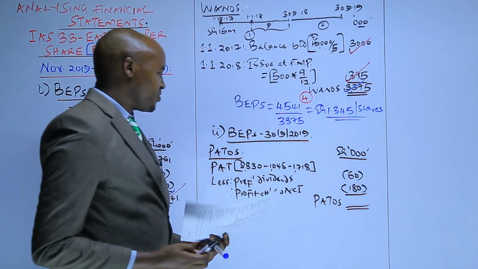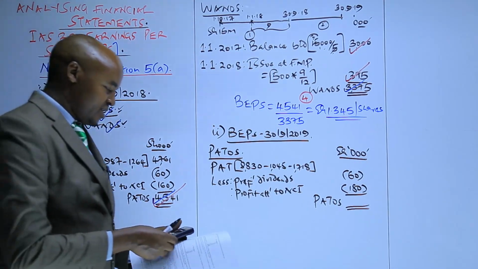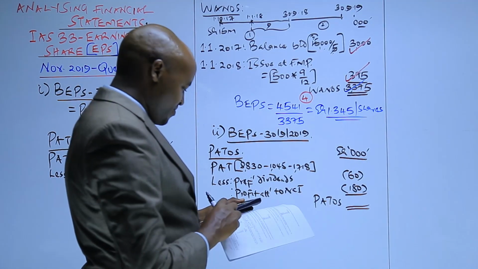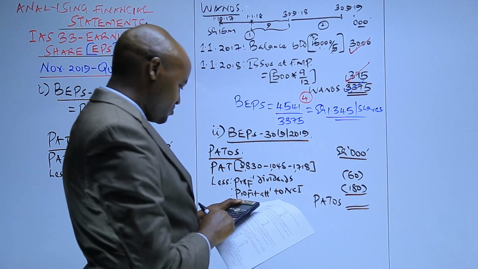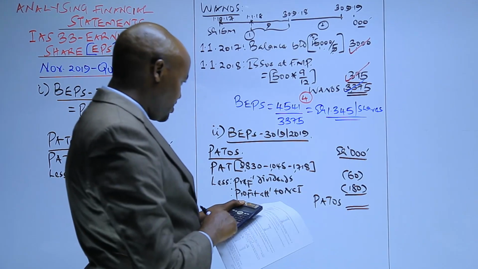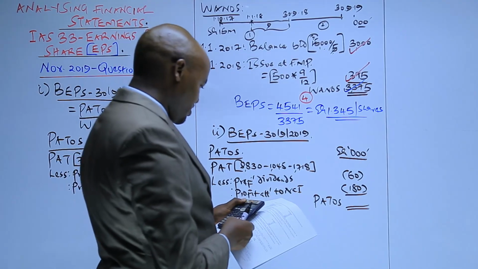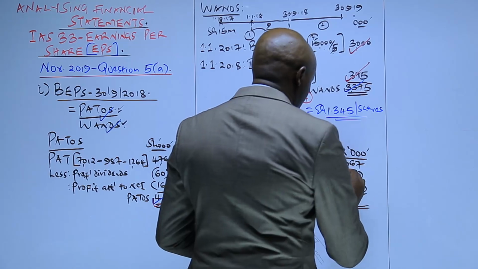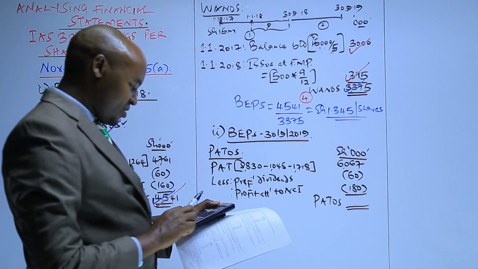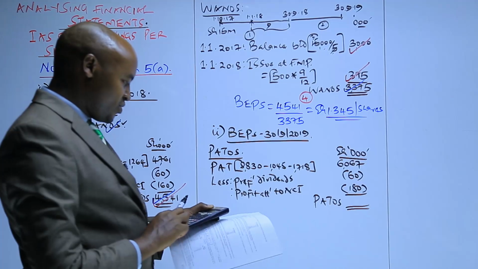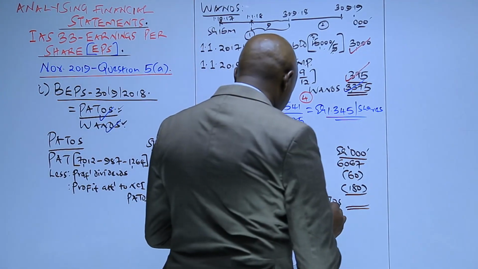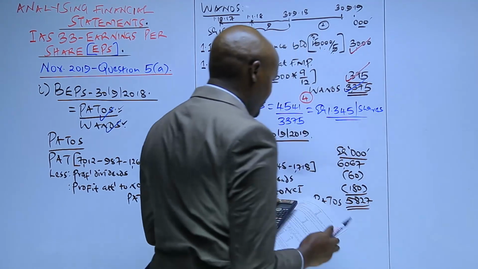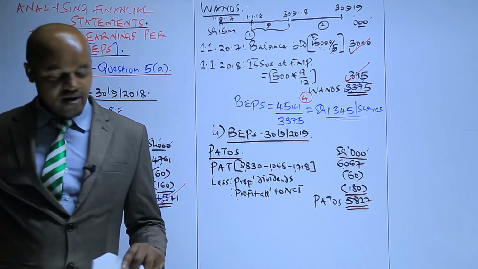So let's first of all work out the profit after tax, which will be 8830 minus 1045 minus 1718, which will give us 67. And then to that we less 60 preference dividends and profit attributable to NCI, which will give us 5827.